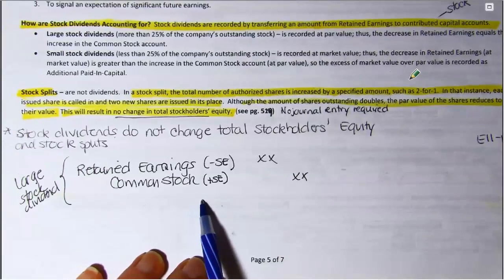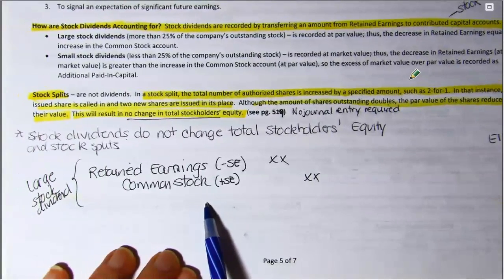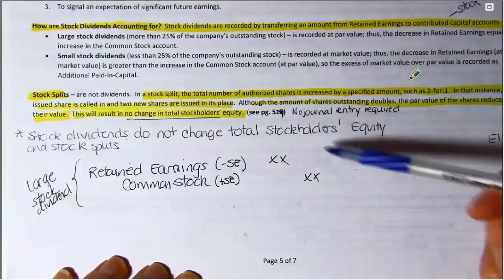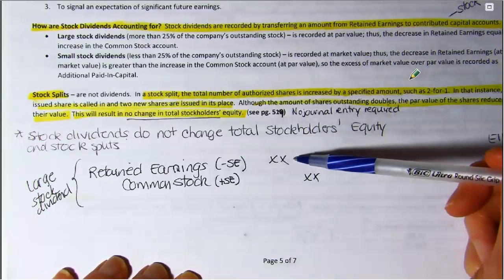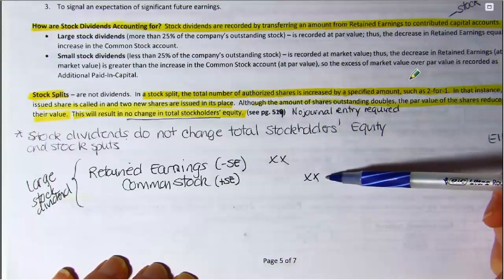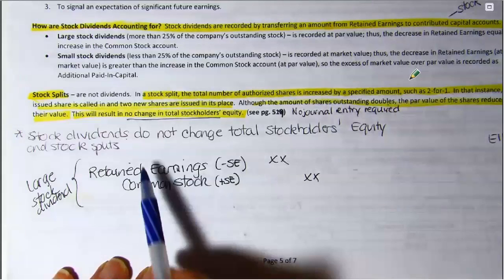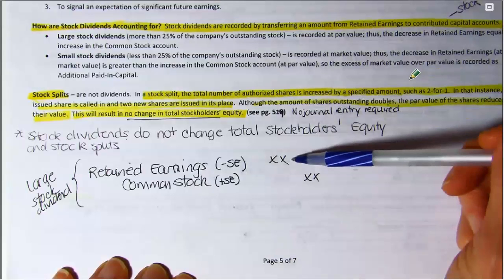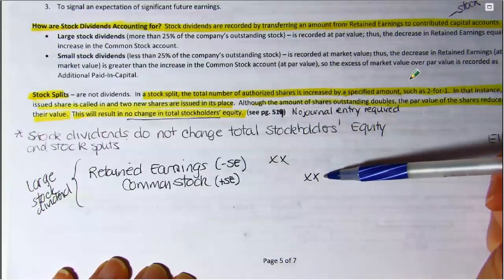You're not going to be required to know this journal entry, but just to show you, we're going to be taking out of retained earnings, so debit retained earnings, and add it to common stock. So we're increasing the number of shares and the total amount in the common stock account. That's for a large dividend. So that's why stock dividends don't change stockholders' equity. You're moving money from one part of stockholders' equity to another part of stockholders' equity.